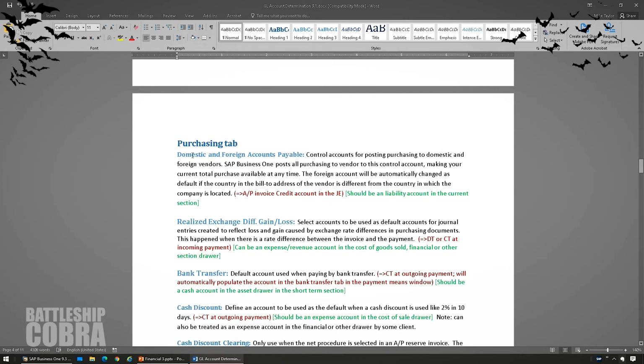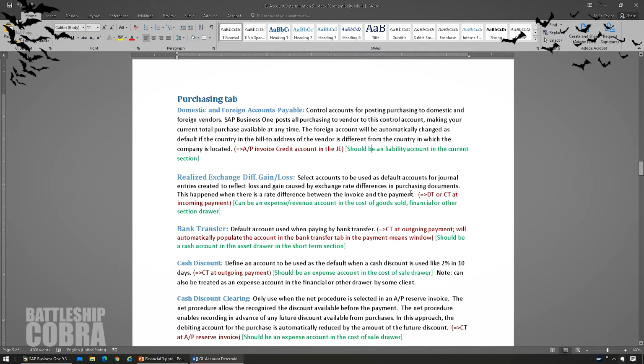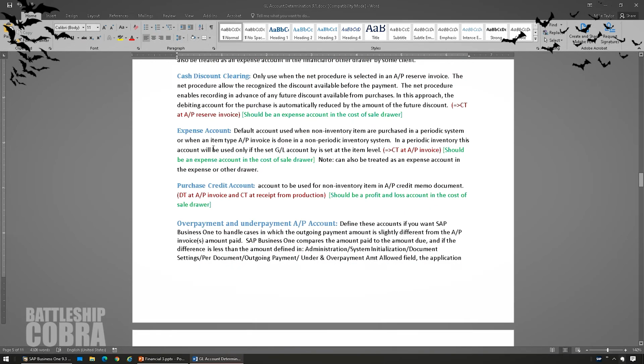And so it'll say purchasing, domestic and foreign accounts payable, AP credit invoice, or AP invoice, a credit account in the journal entry should be a liability account in the current section. So it's going to tell you specifically what is happening. Debit or credit to the incoming payment can be expense, revenue account, in the cost of goods sold, financial, other drawer. So you're going to have all these different things.